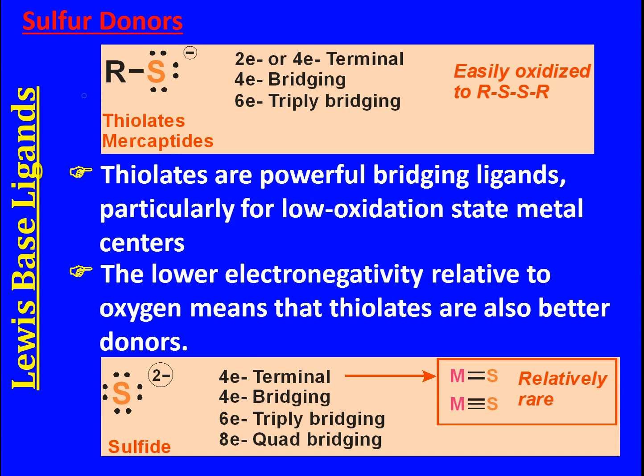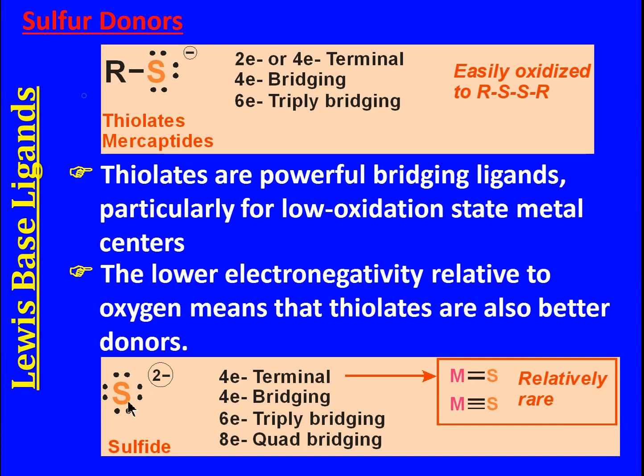The second type of sulfur ligand is sulfide S2-, which is by theory a 4 electron donor terminal or a 6 electron donor terminal. So M double bond S is a 4 electron donor and M triple bond S is a 6 electron donor. But these configurations are rare cases.